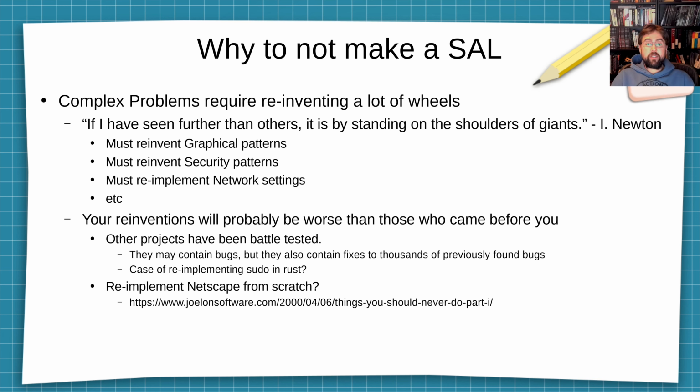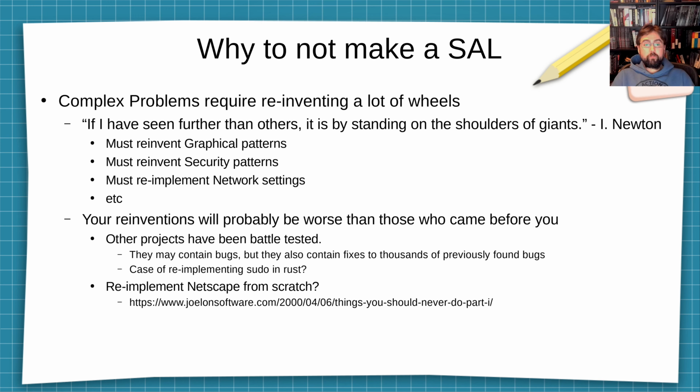The problem is that this one vulnerability is just one of thousands of previously found bugs in the sudo application. So if you reinvent sudo in Rust, you might solve this memory allocation problem, but you're going to run into all of the other bugs that have previously been solved.